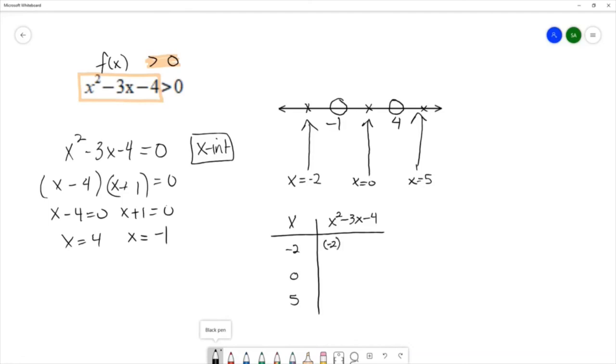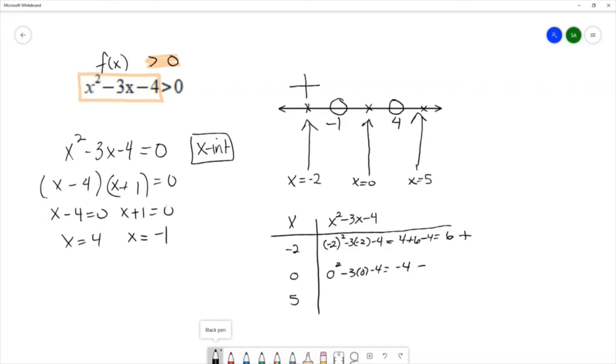That's -2 squared minus 3 times -2 minus 4. That comes out to be 4 plus 6 minus 4. 10 minus 4 is 6. And that came out positive. So this interval is positive or above the x-axis. Then I'll test 0. 0 squared minus 3 times 0 minus 4 comes out to be a -4.